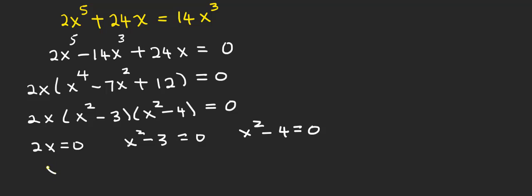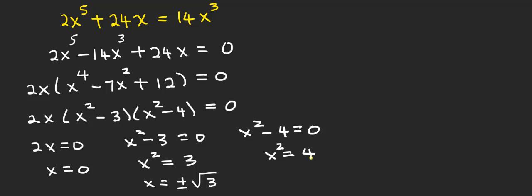So here you get x equals 0. What about over here? You get x squared equals 3, which is x equals plus or minus the square root of 3. What about this one? x squared equals 4, so x equals plus or minus 2.